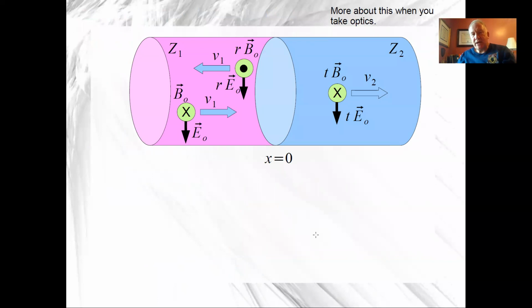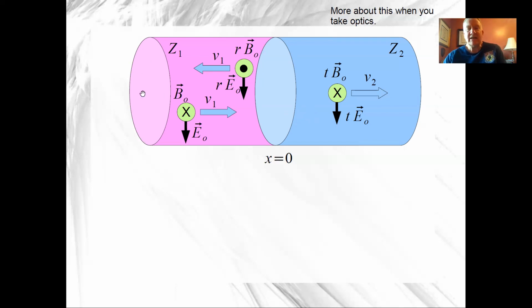Let's say we take two coaxial cables and we stick them together. One has an impedance Z1 and one has an impedance Z2. Just like light, when we hit a difference of an index of refraction, some of the light gets transmitted and some of the light gets reflected. So we're talking about electromagnetic waves again.